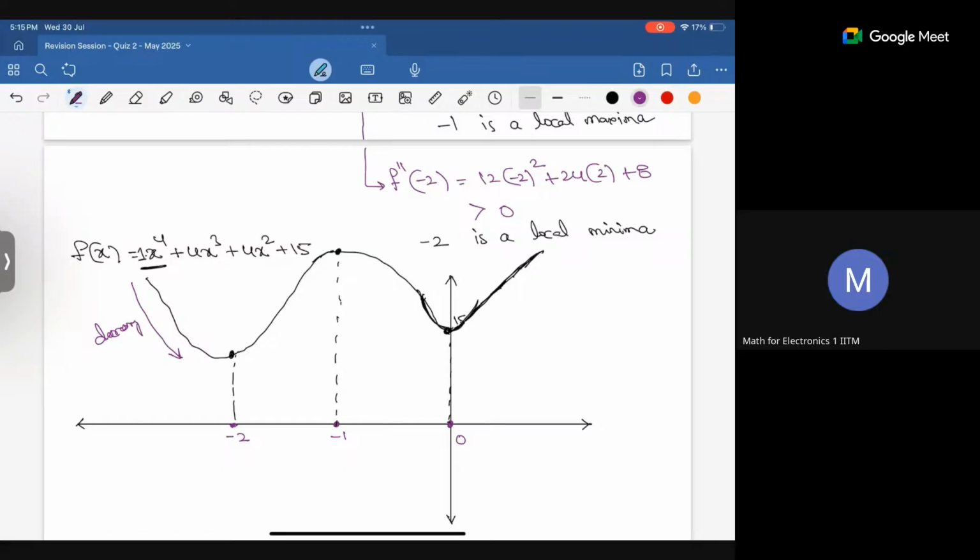So the function is coming downwards. If I start from minus infinity and slowly approach minus 2, the function is decreasing. From minus 2 to minus 1, the function is increasing. From minus 1 to 0, it is decreasing. And from 0 to infinity, it is increasing.